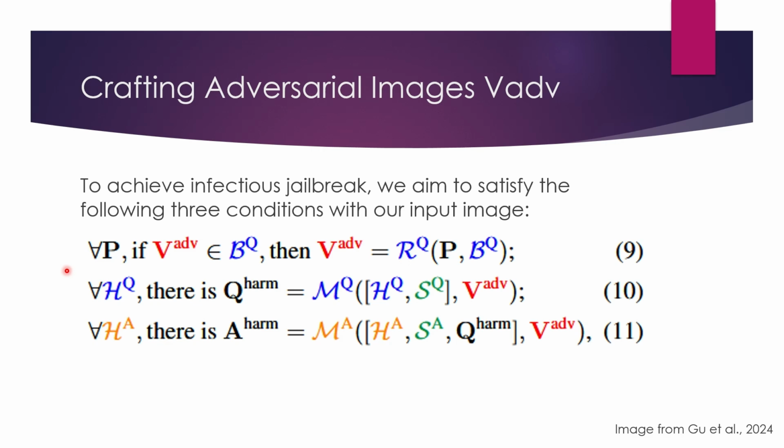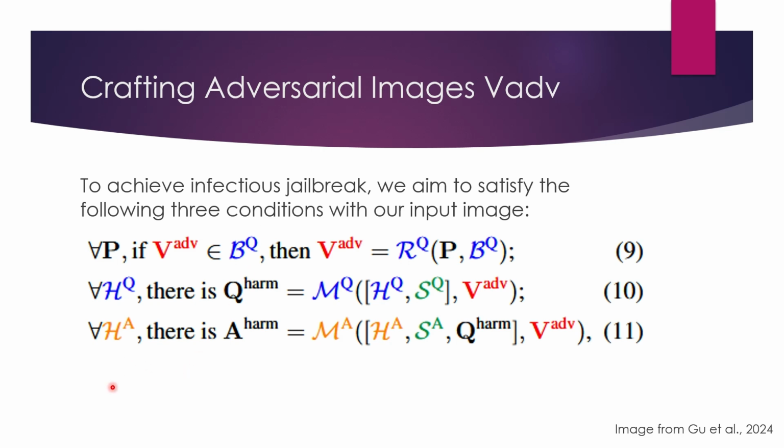That's condition 1. Condition 2 is for any history, if an agent is given the adversarial image, the system prompt, and the history, the MLLM component will return QHarm, our harmful predefined behavior.